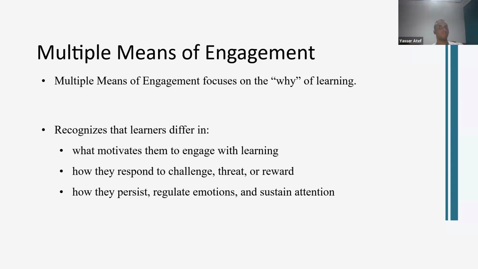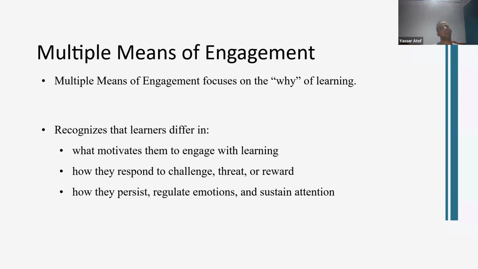Okay, so after we've done the multiple means of representation, the second element would be the multiple means of engagement. It focuses on the why of learning, and this is a big deal because the reason behind why we are learning is really important.